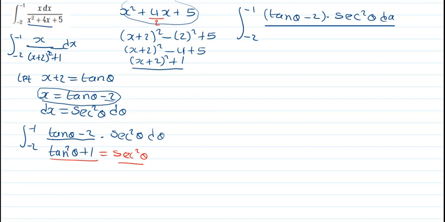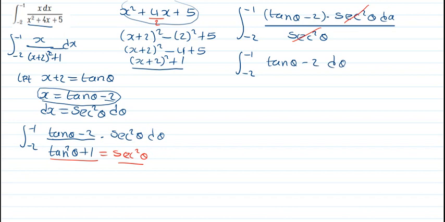So we're going to have sec squared theta here. Then we can see that the sec squared theta and the sec squared theta can cancel out. What will remain is the integral from -2 to -1 of tan theta minus 2 d theta.